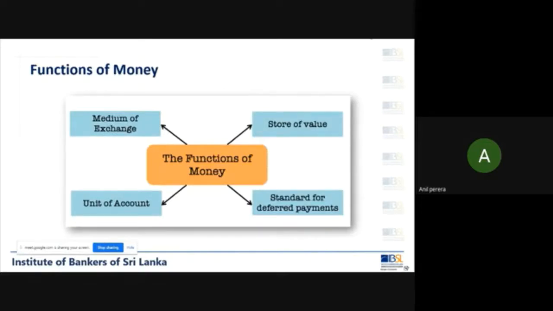These functions of money are an important part because in many exam papers we have this, and we also relate it to certain other aspects which we will see in exam questions. So functions of money means what are the deliverables, what are the key purposes or advantages of money.